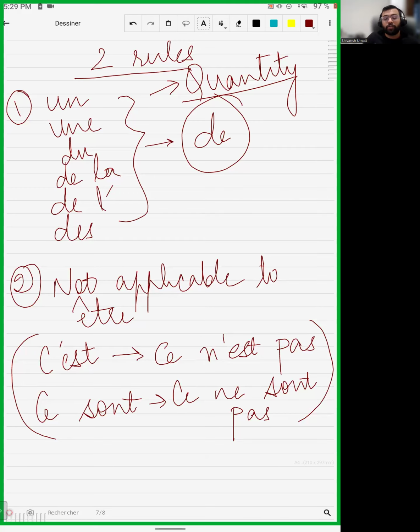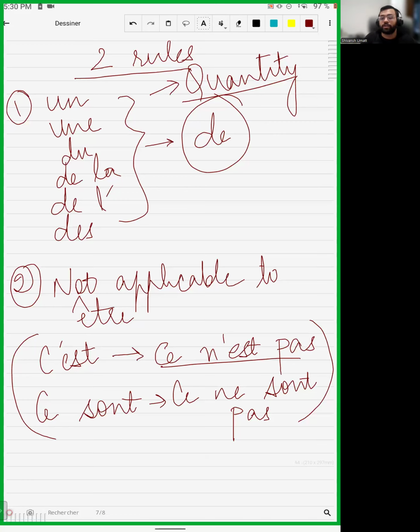And the second important rule here is that this rule is not applicable to the verb être. The verb être means to be. And there are only two cases in which être can take these words of quantity, right? So only in the case of c'est and ce sont. So when you have c'est, the negative is ce n'est pas.